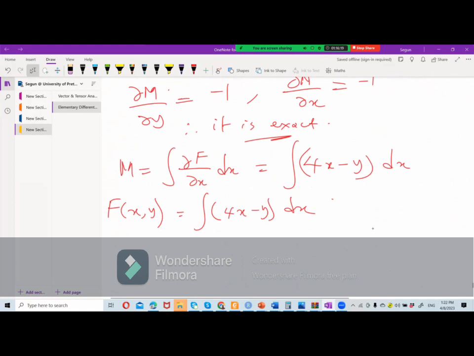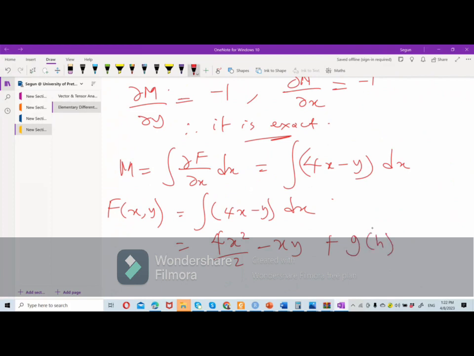So for us to solve this one, we have it to be 4x squared over 2 minus xy plus g of y. So this one cancels this, you have 2. You have 2x squared minus xy plus g of y.